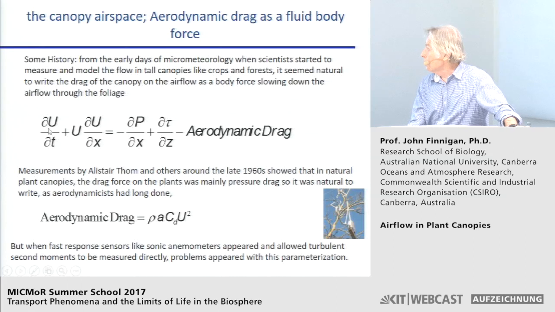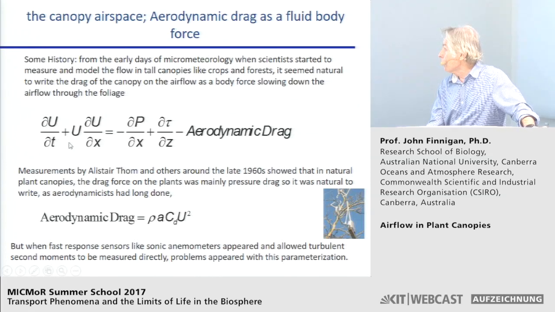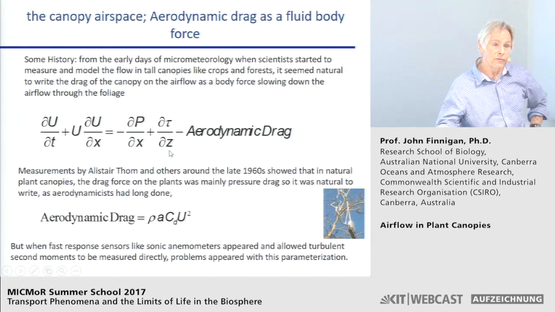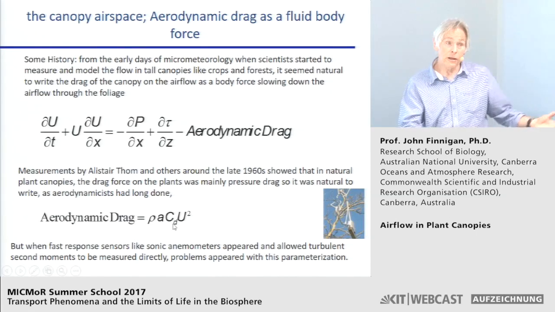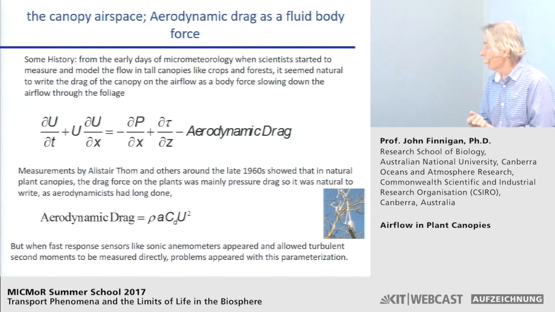So this is the equation for the balance of average wind speed through the canopy, parallel to the mean wind speed. It's got a pressure gradient, which near the ground you can usually ignore. It's got the stress gradient, the vertical gradient of the momentum flux, U prime, W prime, and add an aerodynamic drag. Why not? So the aerodynamic drag term is an obvious thing to write.